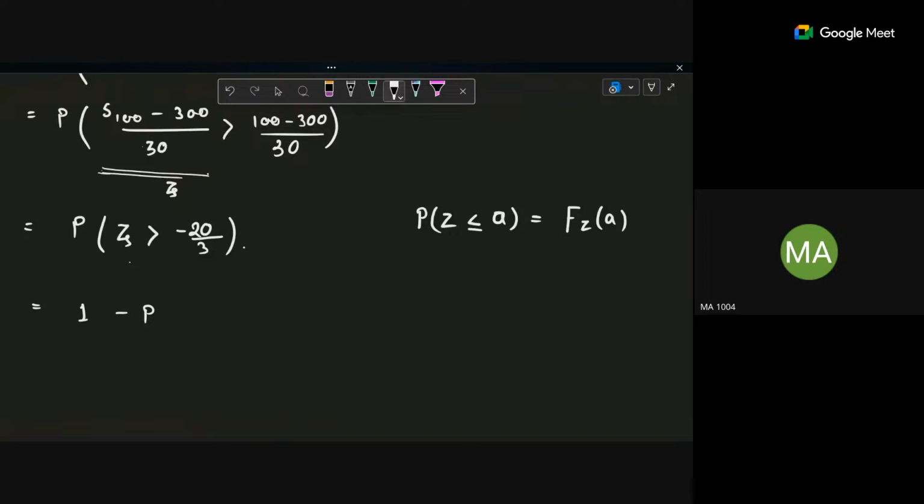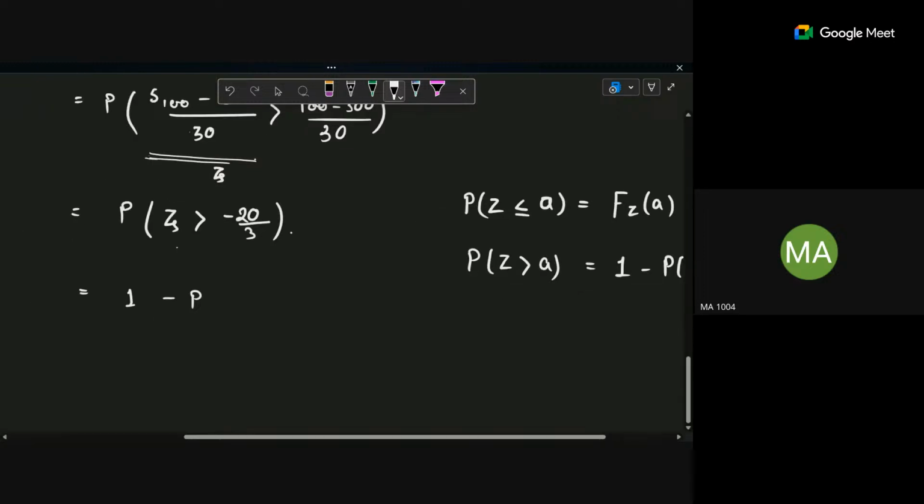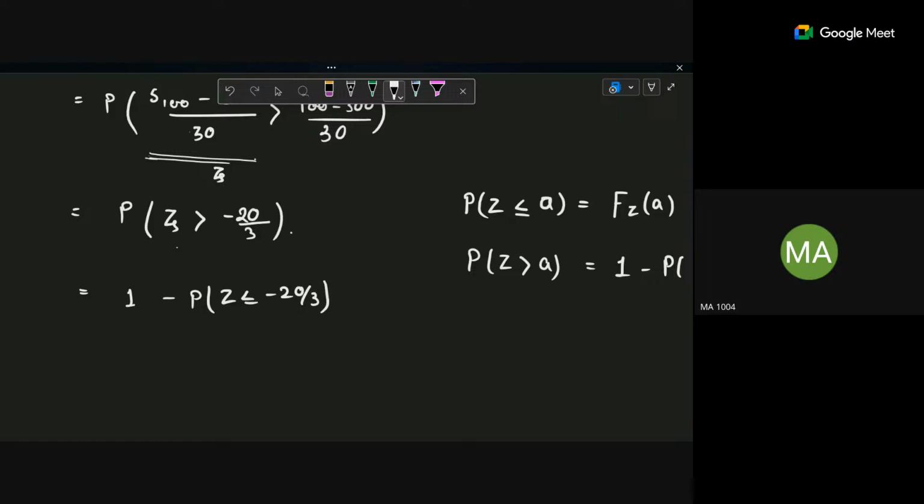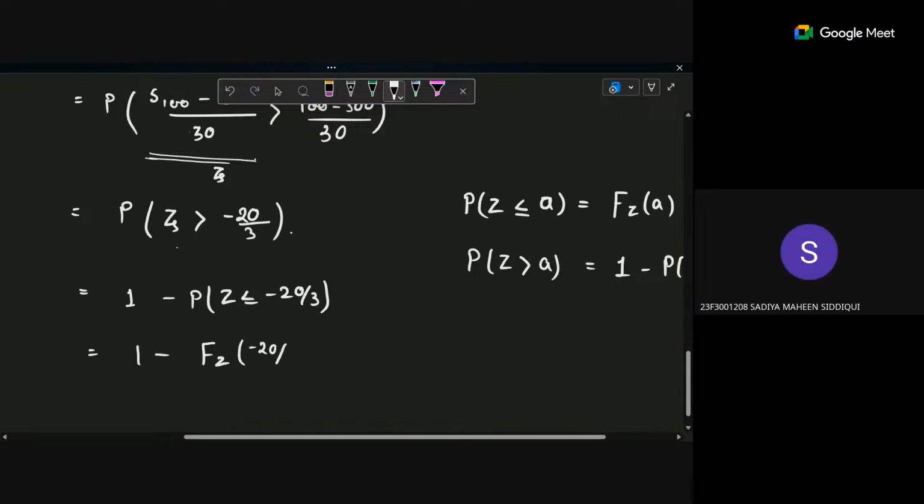But if I have the information that Z is greater than A, then I should write it as 1 minus probability Z less or equal to A. So this is 1 minus probability Z less or equal to negative 20 by 3, which I can write as 1 minus FZ of minus 20 by 3.